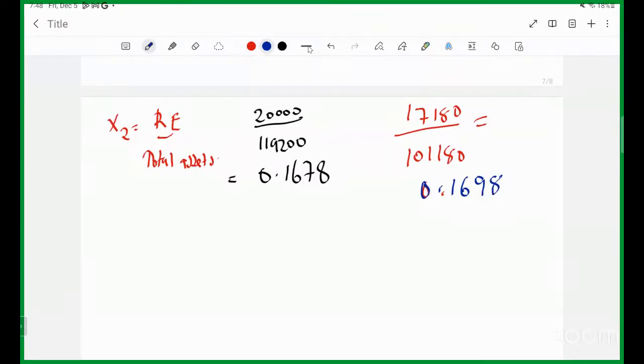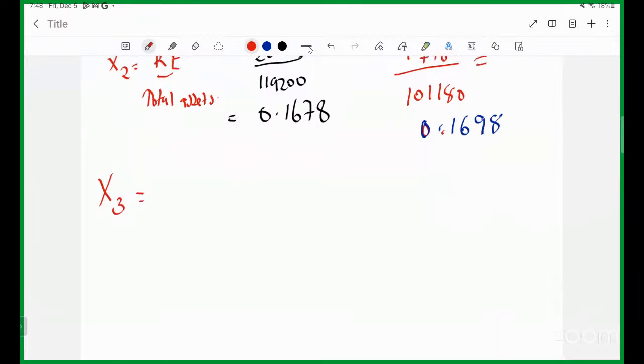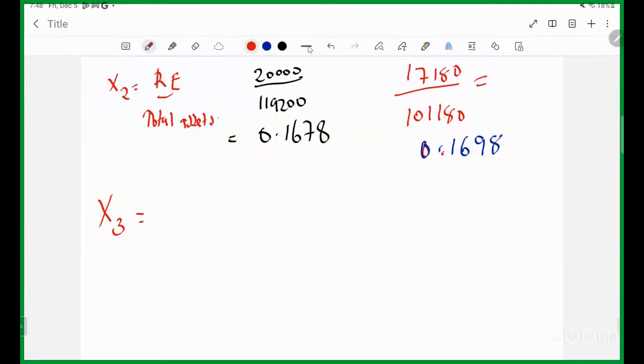So let's go to X3, which is going to be earnings before interest and tax over total assets.